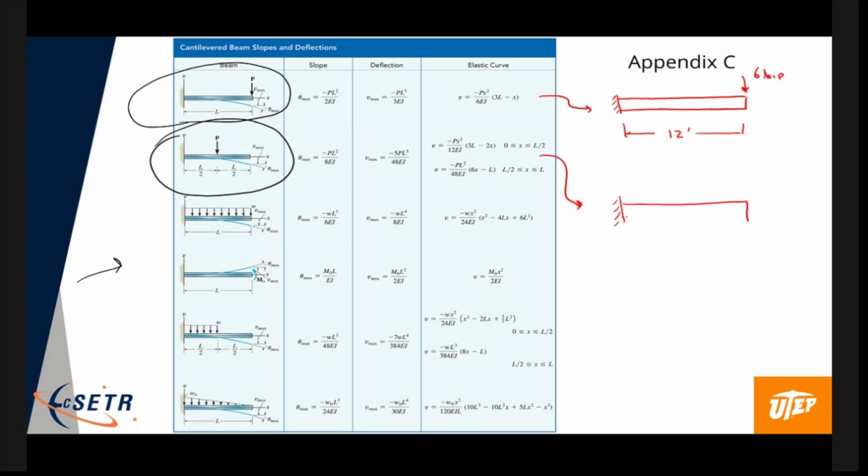Again, L is 12 feet. But now we have the 4 kip force in the middle. All right. Okay. And we're going to add these two together, and we're going to figure out the deflection and the slope at this point.